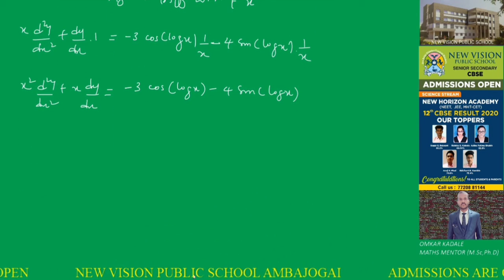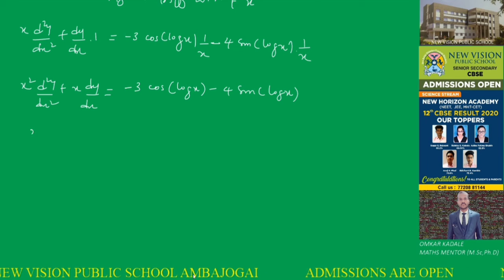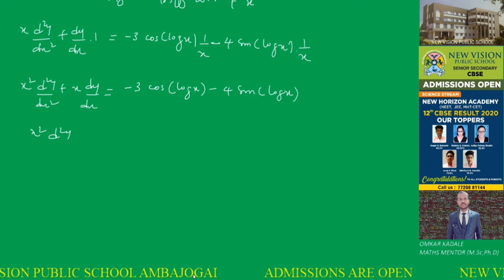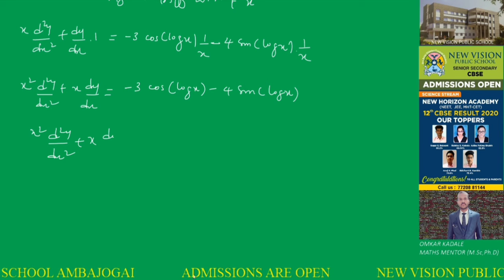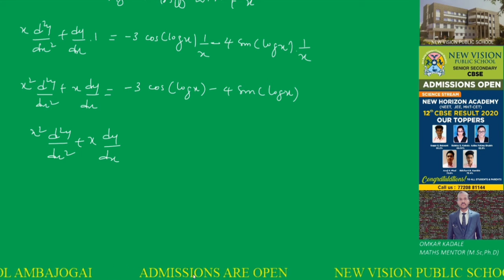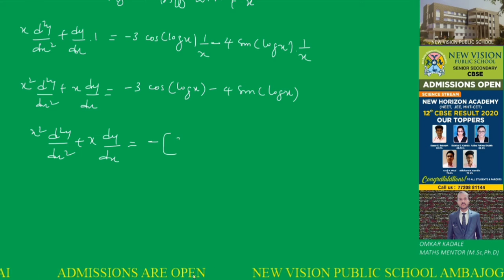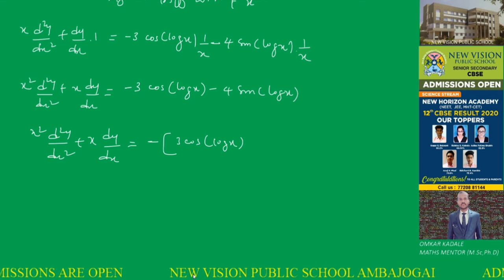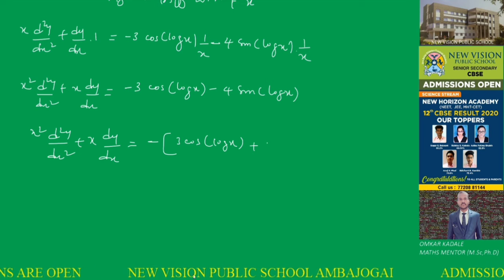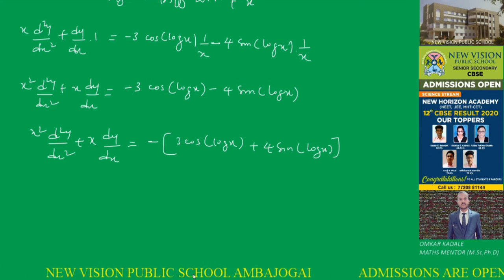So now by taking minus common, what we get, let's see here in the LHS, x square d2y upon dx square plus x dy by dx. By taking minus common we get inside 3 cos log x plus 4 sin log x.